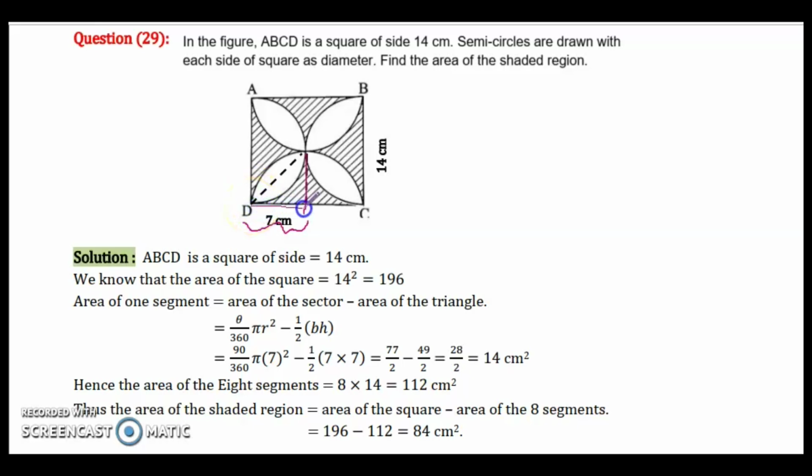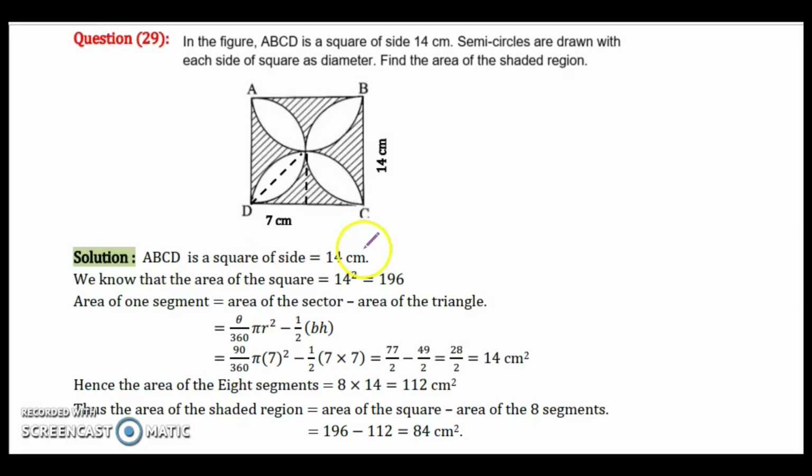It means the area of the sector minus the area of the triangle. Okay, that means ultimately we are going to get this half portion. How many half portions are there like this? 1, 2, 3, 4, 5, 6, 7, 8. Okay, therefore this is the construction of our problem now, right?